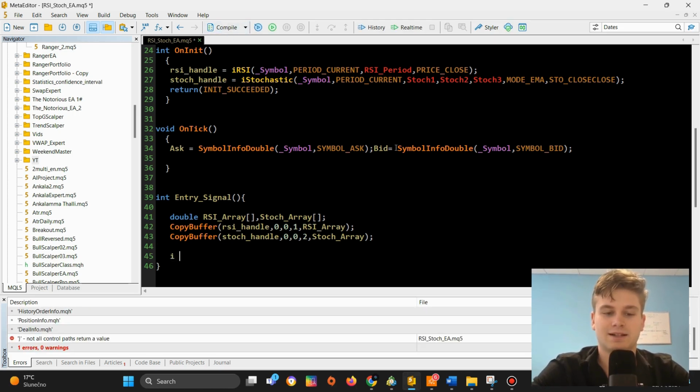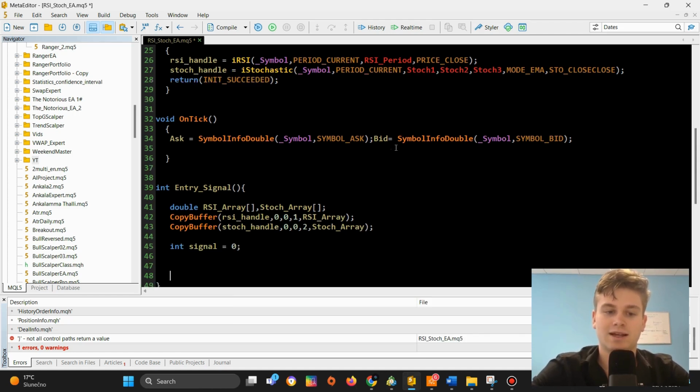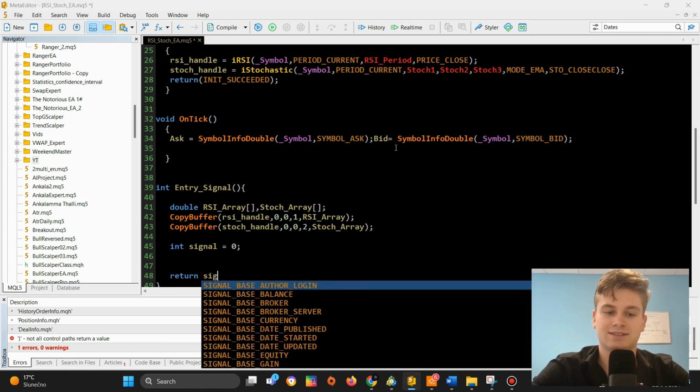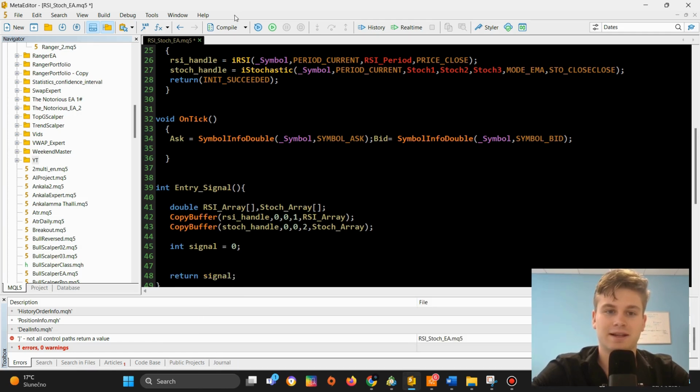Then let's create an integer variable called signal, which will have an initial value of 0, and I will return the signal variable at the end of the function. As I explained before, the first step is to check the RSI value in order to determine the trend.